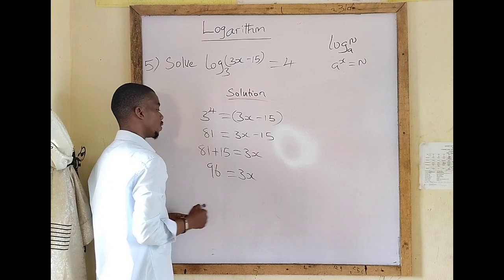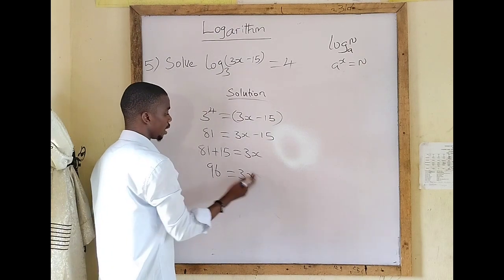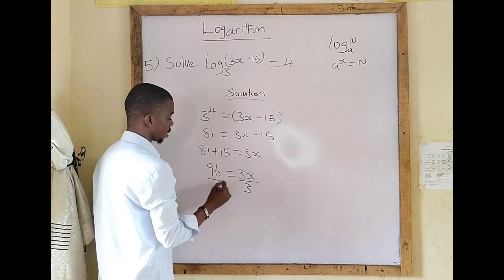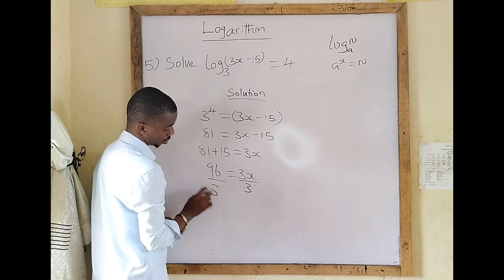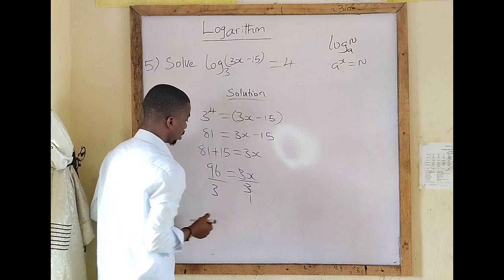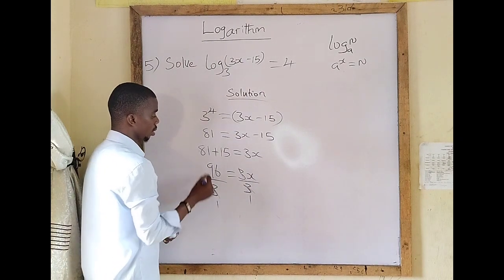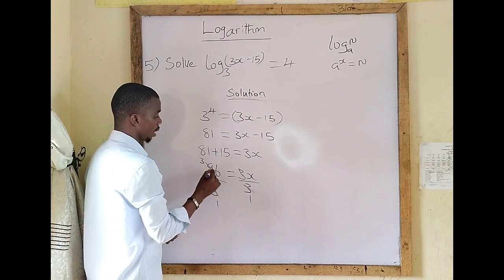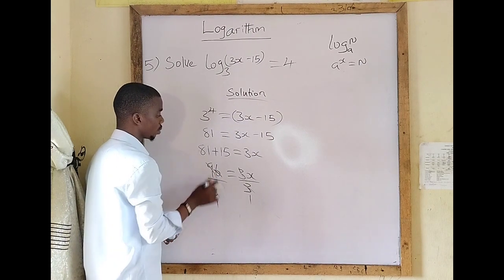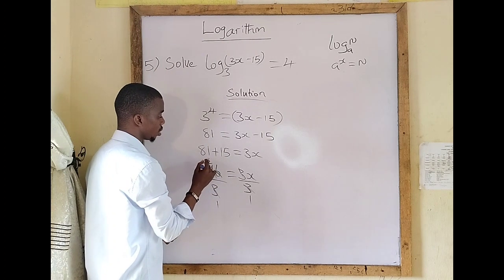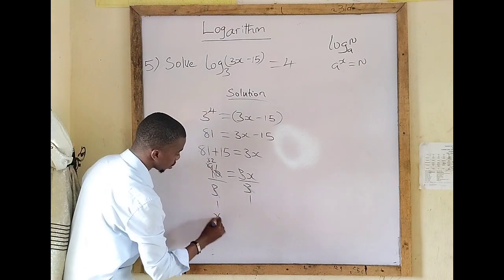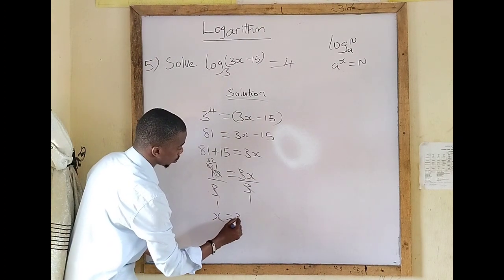To determine the value of x, so that x will stand alone, we divide both sides by 3. The 3s cancel, and 3 goes into 96, that's 32 times. So we have that x is equal to 32.